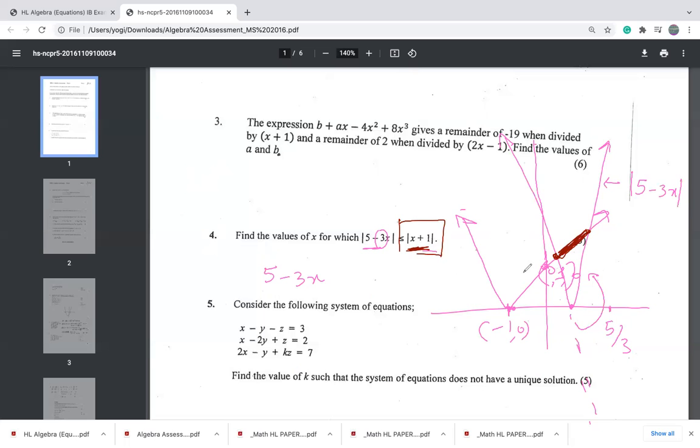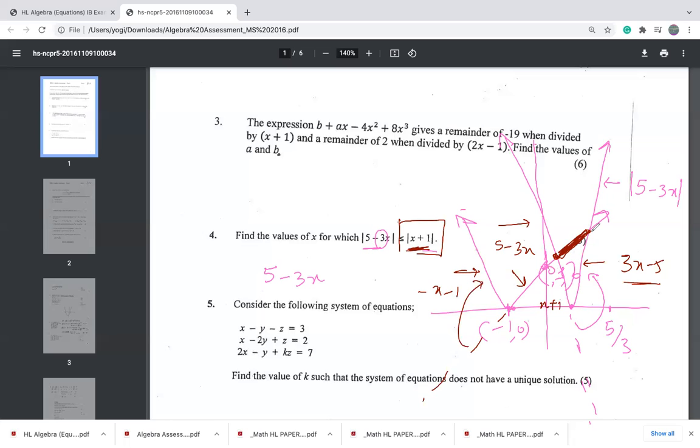To get the intersection, the equation of this part is 3x minus 5, because it's 5 minus 3x made negative, as that's the reflection in the x-axis. And this one, we know, is x plus 1. This side will be minus x minus 1. Whatever part is getting reflected in the x-axis, you make it negative.